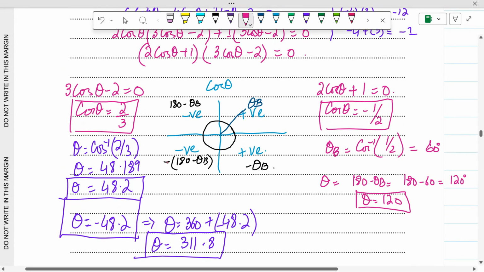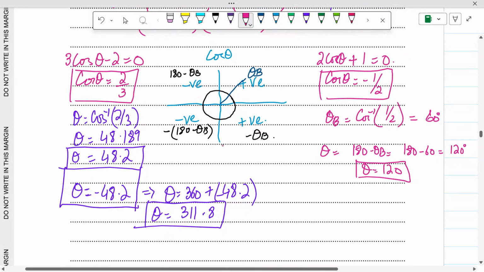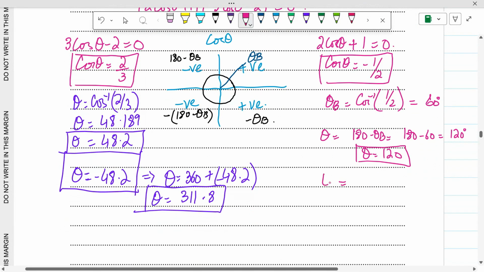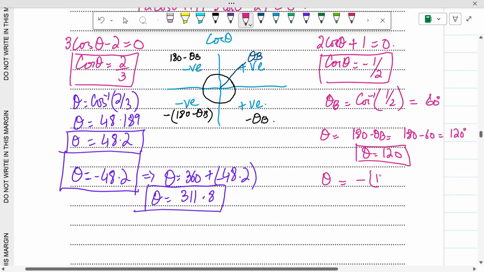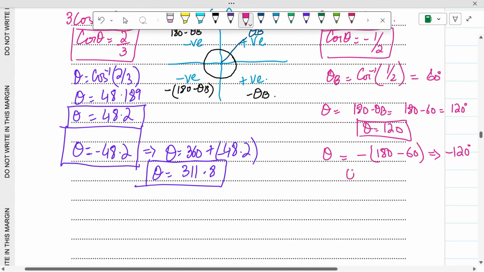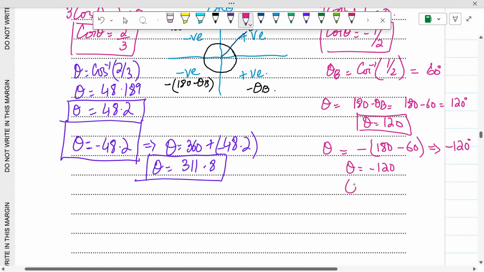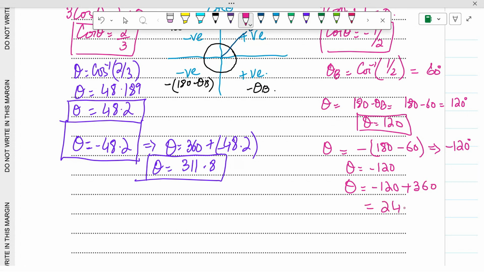The same value in the third quadrant can be calculated by using the formula theta is equal to negative 180 plus 60, and this is equal to negative 120. So theta is equal to negative 120. If you want it as a positive value, theta is equal to negative 120 plus 360, and this is equal to 240.